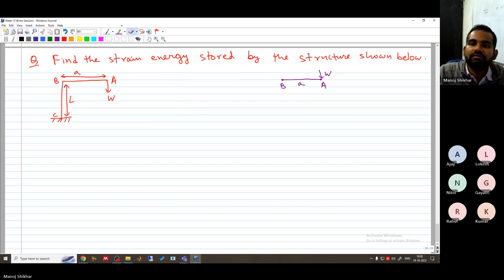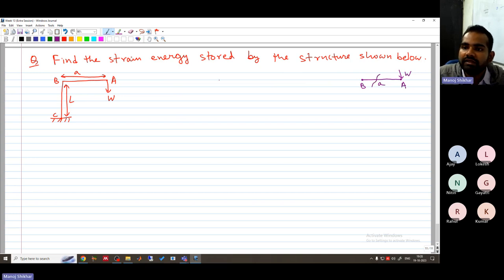So I will delete this. Suppose we make a section somewhere here, and we are taking x from A. So this is our W, this is A. Here the force I'm taking is like this because this is a negative face, so the force and moment are in the negative directions, and this length is A. And this is the x direction.